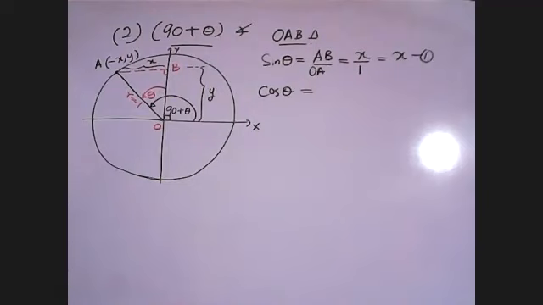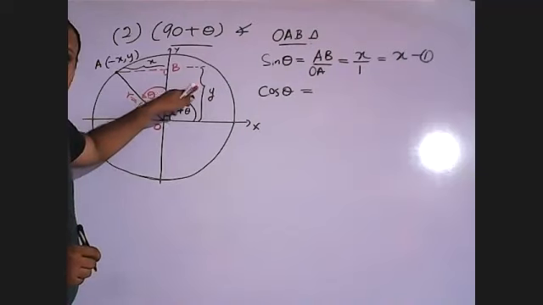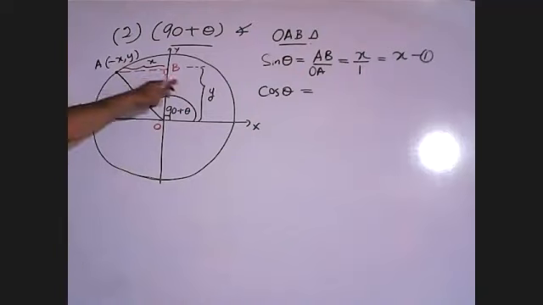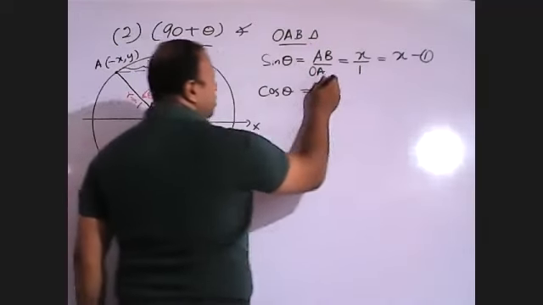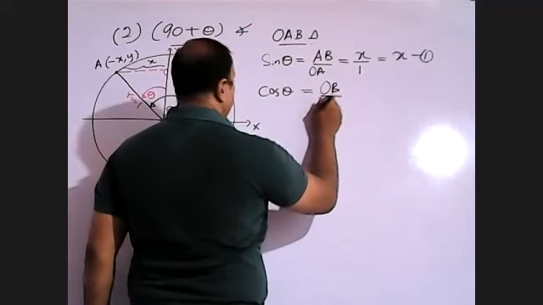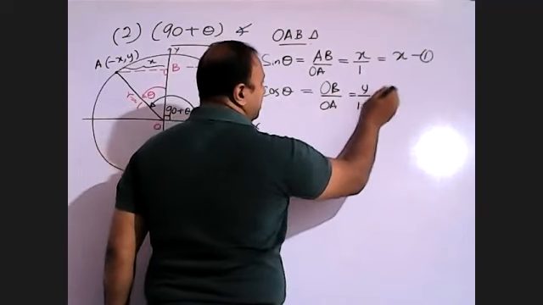Cos theta means adjacent side over hypotenuse. Adjacent side means OB, over hypotenuse OA. Therefore, y over 1 equals y.